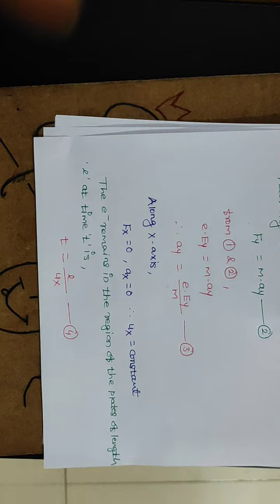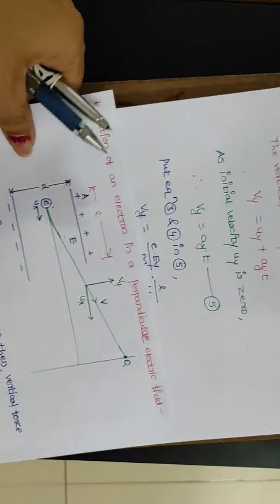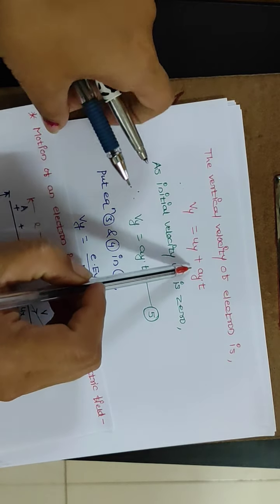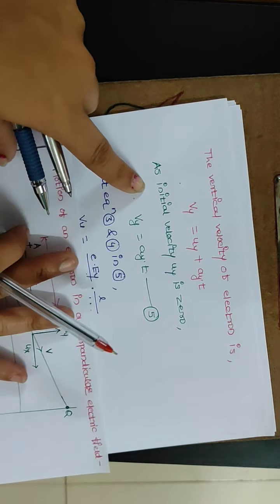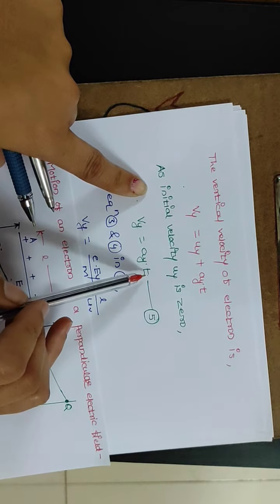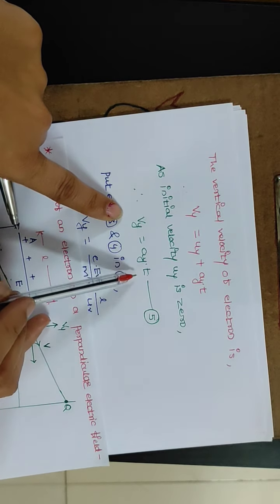Now after that, the vertical velocity of the electron we can write Vy is equal to uy plus ay into t. As the initial velocity along the y-axis is 0, therefore we put uy is equal to 0 and we get this equation: Vy is equal to ay into t.